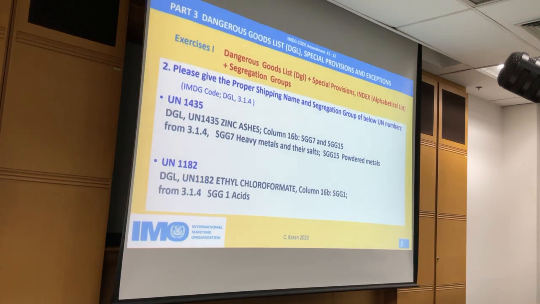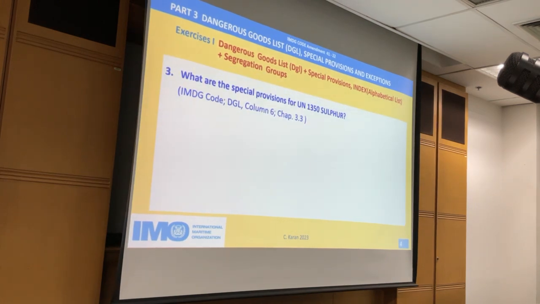So, we shall do the same thing with UN 1182. I'm passing it. You will do the same. All right? I will now go to question 3. What are the special provisions for sulfur 1350?